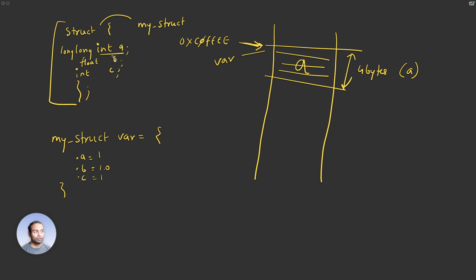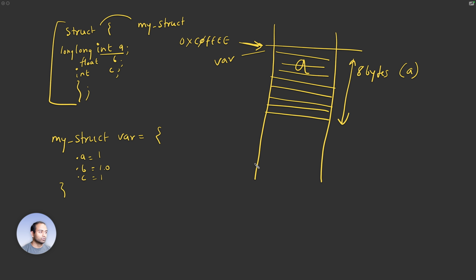Since A is a long int, it wouldn't be 4 bytes, and this is incorrect. A would actually take up 8 bytes in the memory, right? Just because, on this machine, long int is 8 bytes.